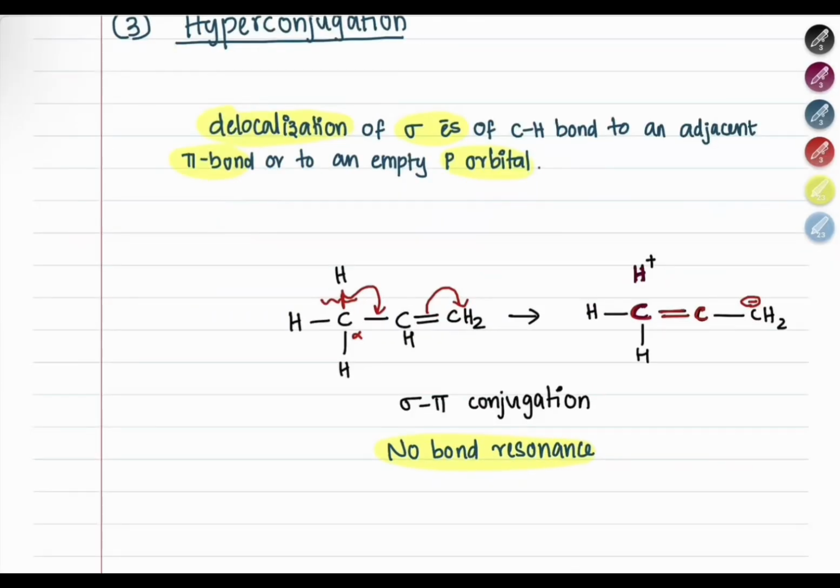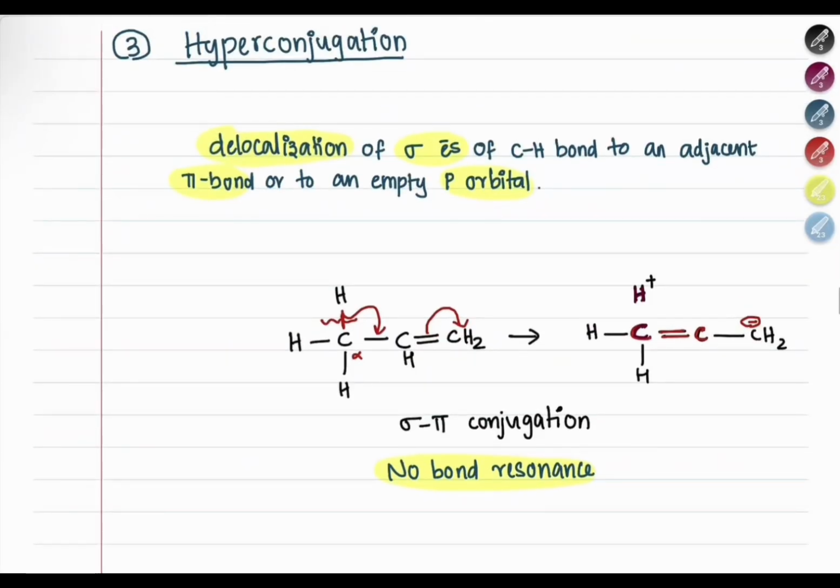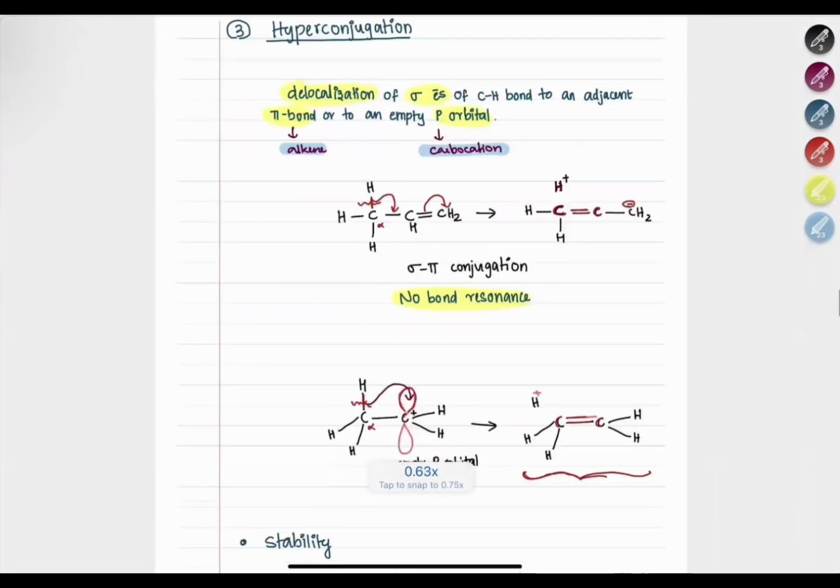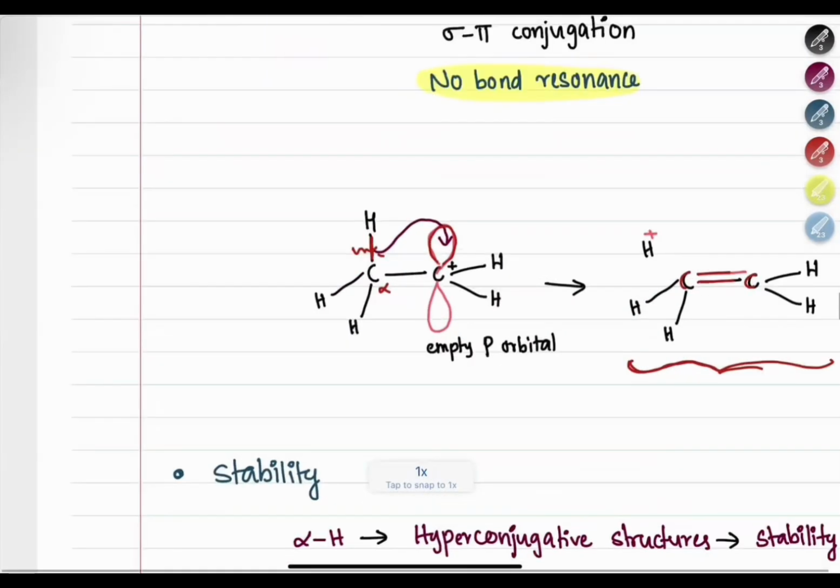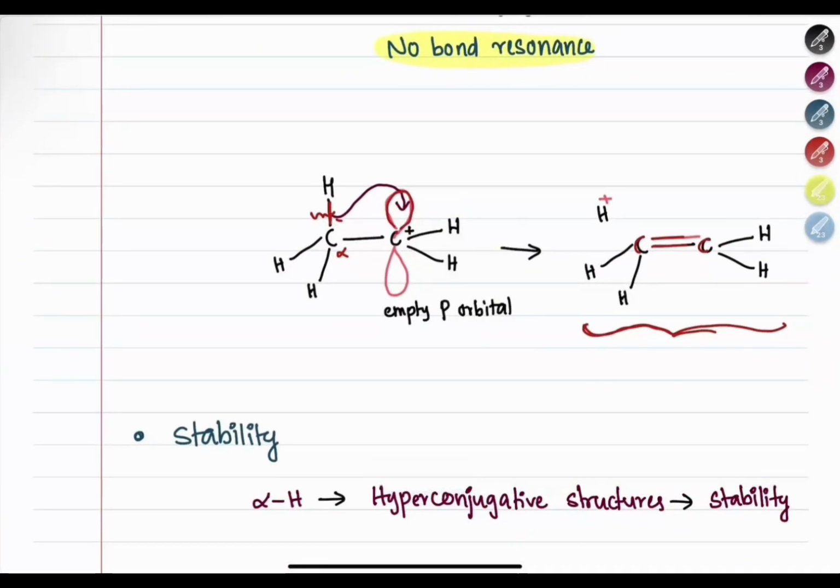That means this hyperconjugation is present in both alkene and empty p orbital, meaning carbocation. This also means that hyperconjugation can be used to explain the stability of both alkenes and carbocations. Okay, that we'll see. And suppose there are alpha hydrogens in our molecule.